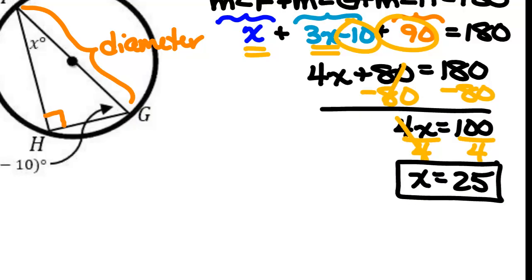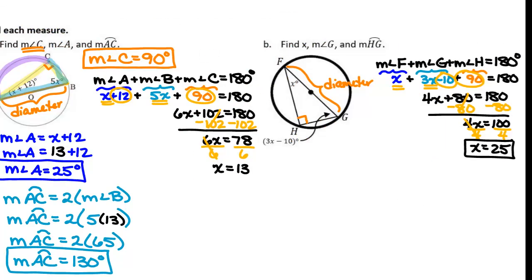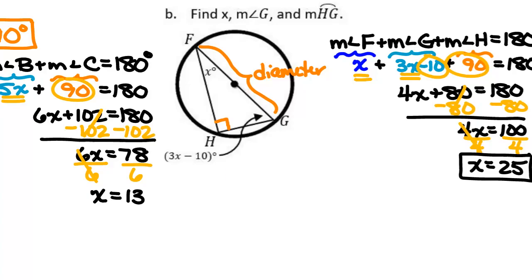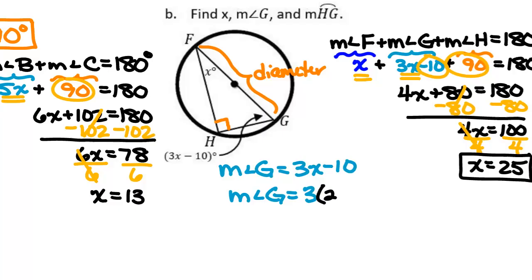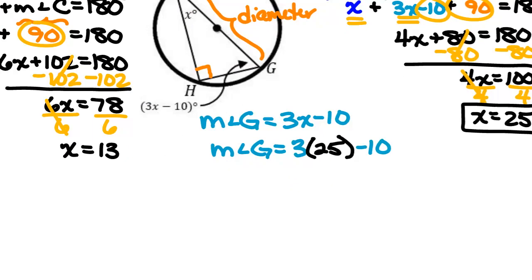All right, that's the first thing they asked me to find. Now we want the measurement of angle G. Measurement of angle G is 3x minus 10. So 3 times 25 minus 10. What is 3 times 25? Minus 10? 65. So angle G is 65 degrees.